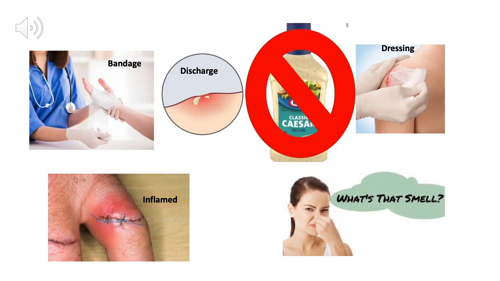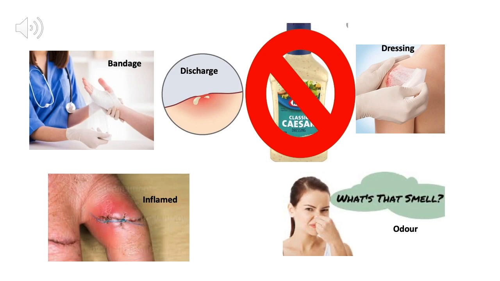We see a wound that is inflamed. And when a wound is inflamed, we could say that it's red, it's painful, and it's swollen. It might be hot as well, or it might not, but we can see the picture of the wound that's inflamed.